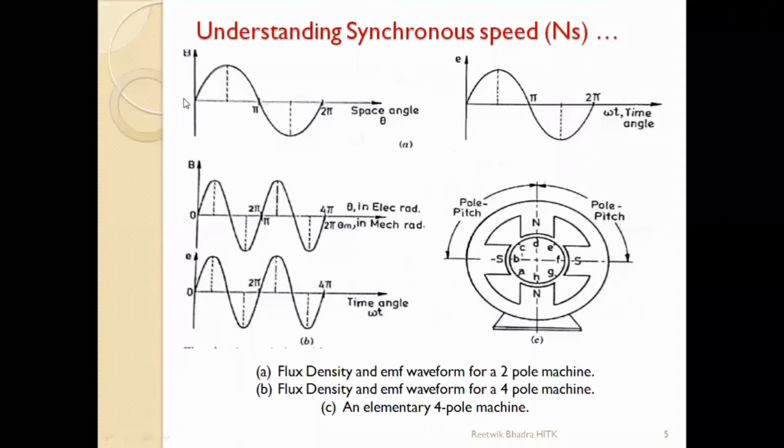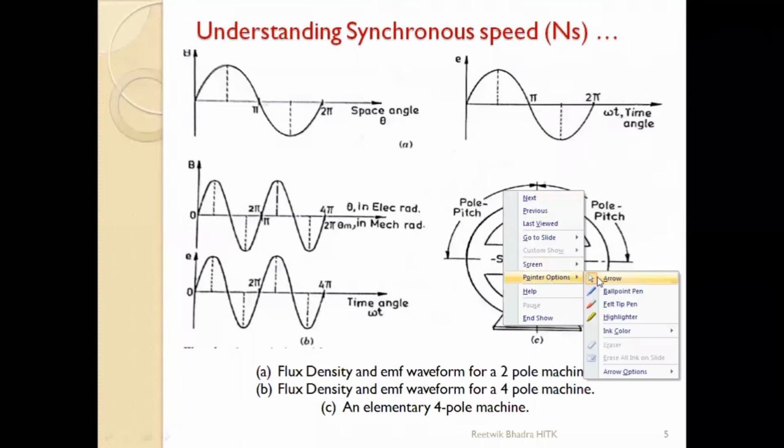See, if you observe your B and EMF, your supply is AC, so all your current, EMF, flux, magnetic field intensity, all will be the same waveform. So you are getting a sine wave. Now why does this sine wave come?